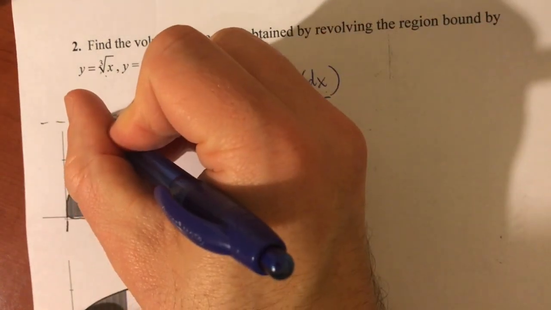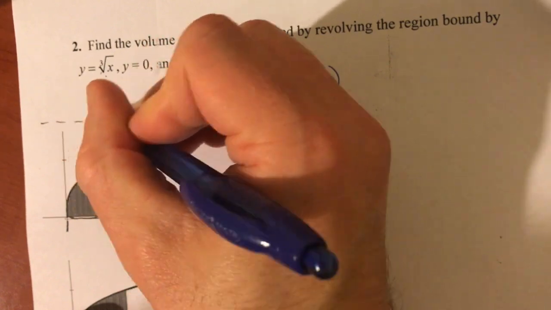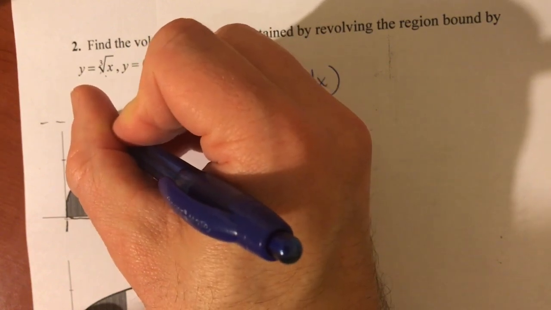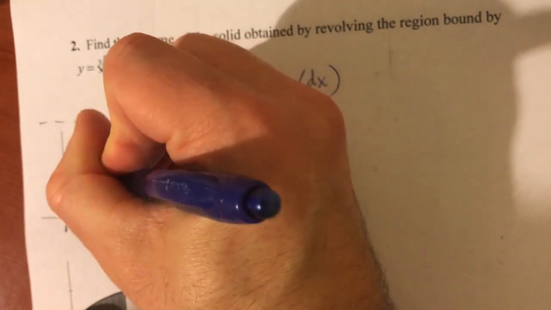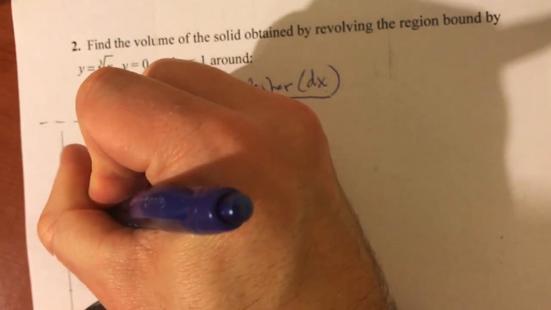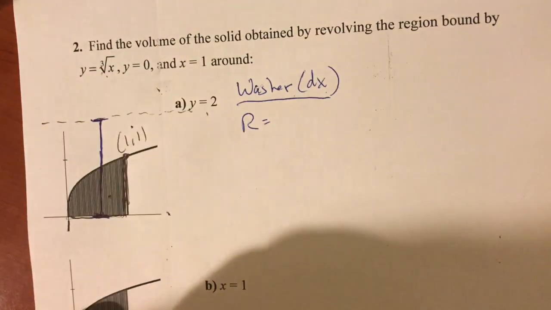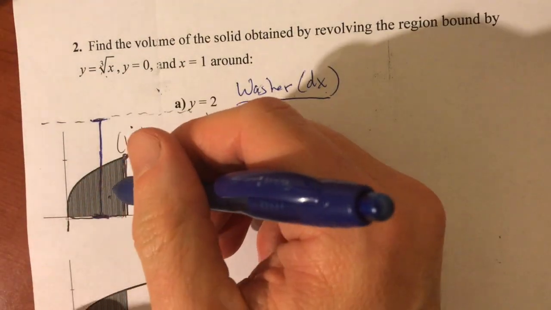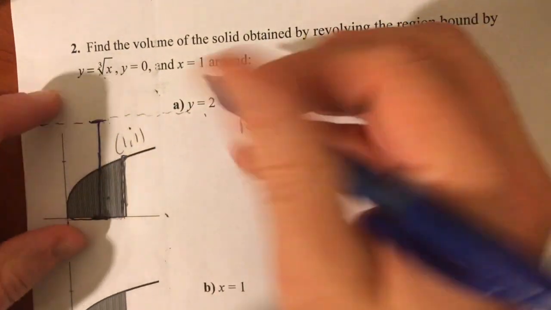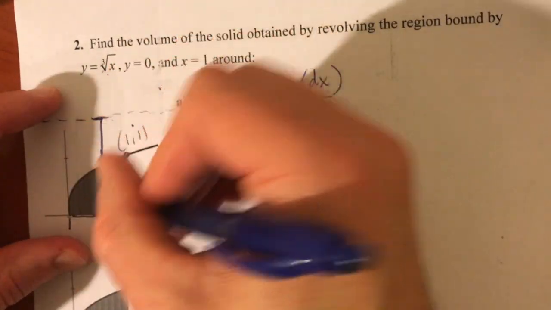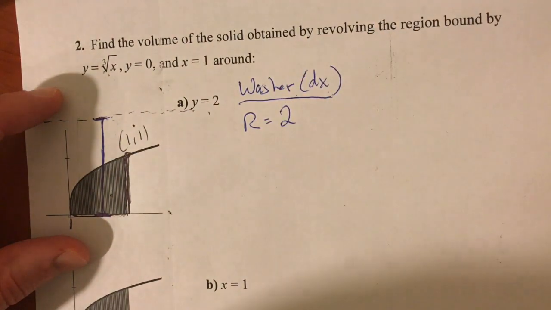That's the distance from the axis of revolution to the outer edge of the region. So draw a line from here all the way, keep going. There we go to the edge of the region. And that is actually top minus bottom. That's just 2 minus 0. That's 2. It never changes no matter where you draw it. So the big radius is 2.